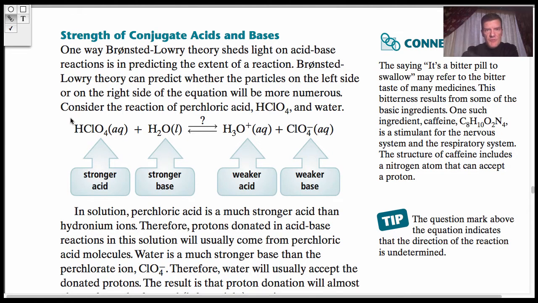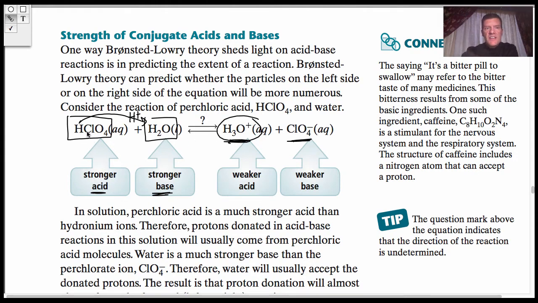If we have this reaction, and here we have an acid, here's the water, it is acting as a base. How do I know that? Because in order to get the products over here on the right side, this acid has to donate its H plus to the water to make the hydronium.